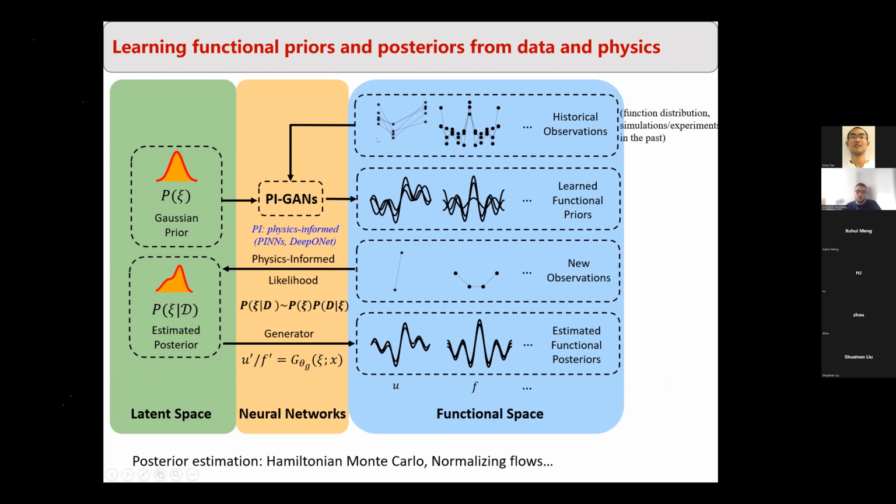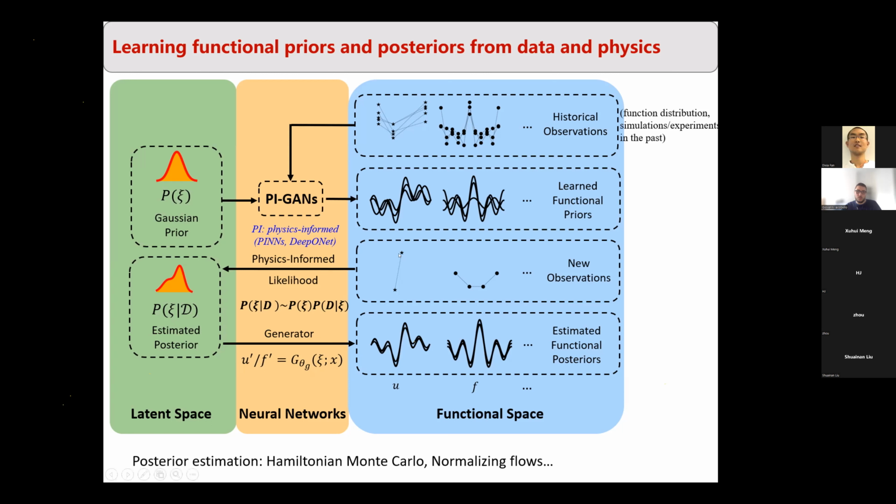Then we can train a GAN, or a PIGAN if the target problem is a PDE problem, to learn the distribution over functions, or a stochastic process, and then we can use the stochastic process as the prior.